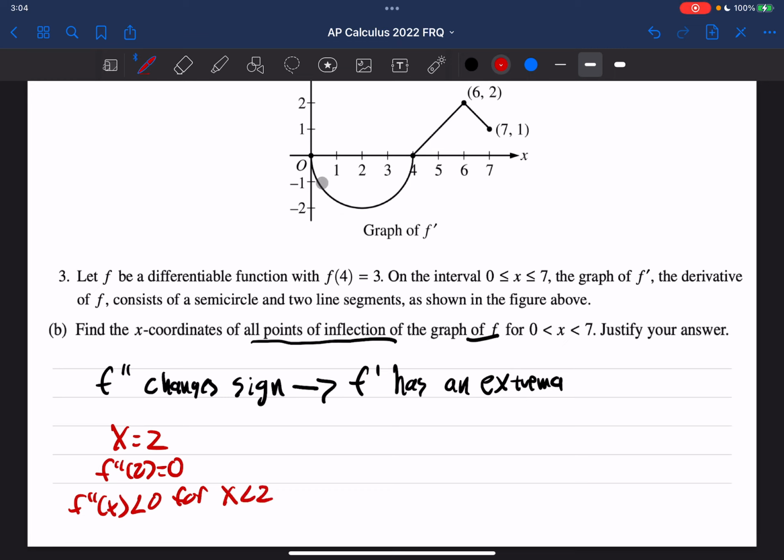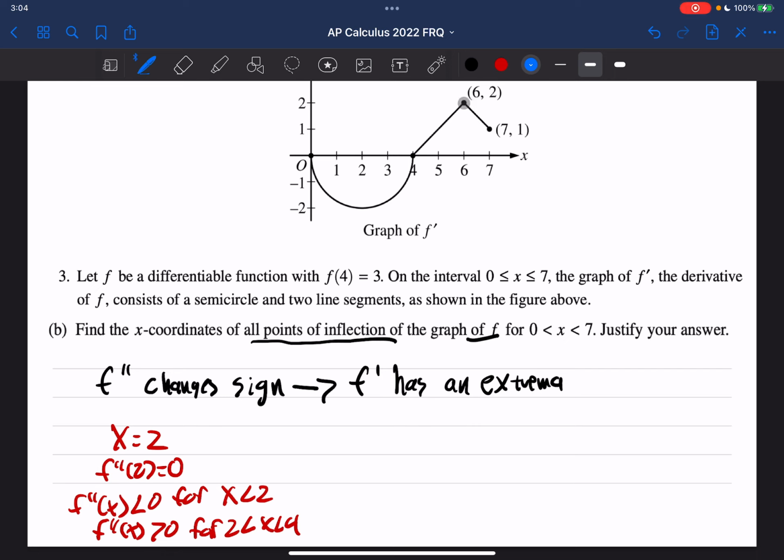So for all of these values over here, f double prime is negative. But then after this, f double prime is positive for 2 less than x less than 4, and we only need to concern ourselves with 4.